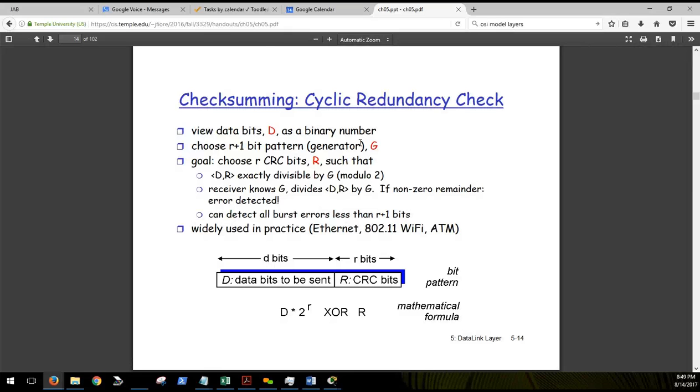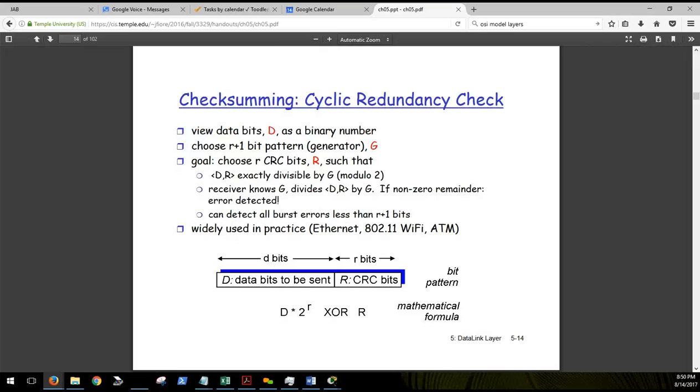Choose an R+1 bit pattern, which is our G. And the goal is to choose R CRC bits, designated as R, such that D comma R is exactly divisible by G modulo 2. The receiver knows G and divides DR by G, and if it's a non-zero remainder, an error is detected.